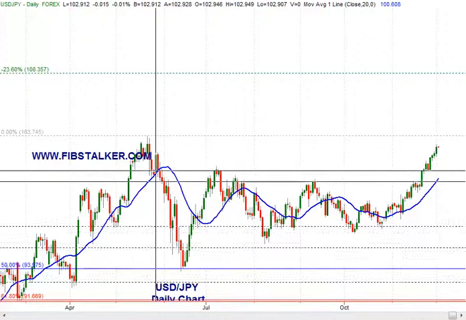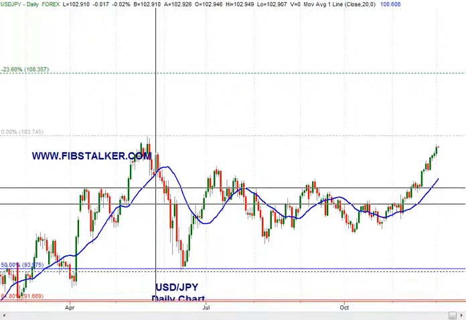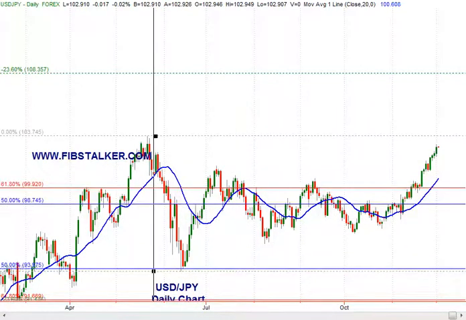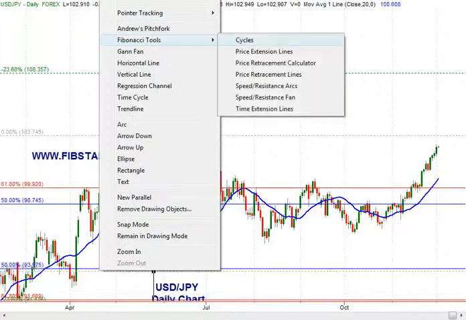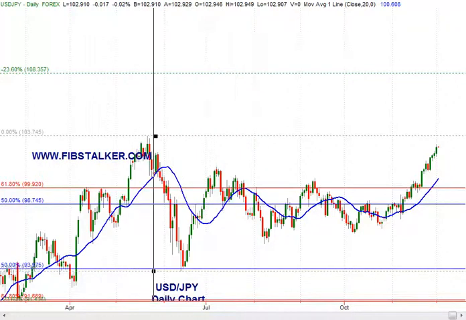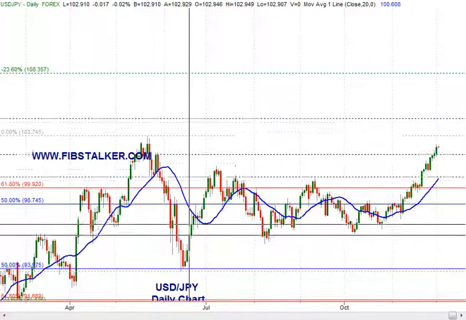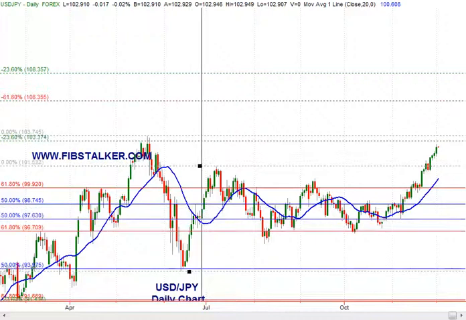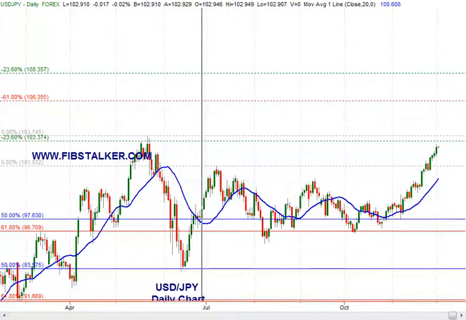Those who follow me will remember that I highlighted here a double violation, and that's really the indication of uncertainty in the market.